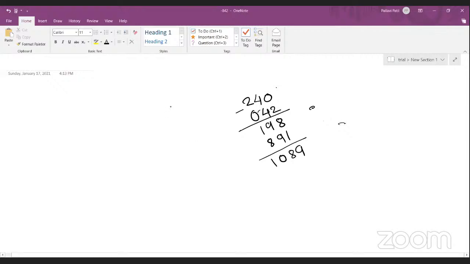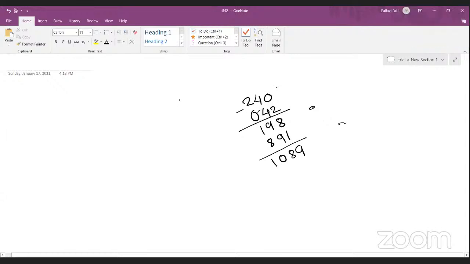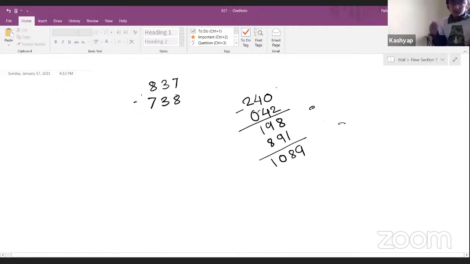Swasti, a few people have doubts. Do you want to take them right now? Okay, sure. If you have a doubt, then raise your hand, or else lower your hand. Okay, Kashyap, what is your doubt? Ma'am, I have tried this number 738. If I reverse it, it is 837.